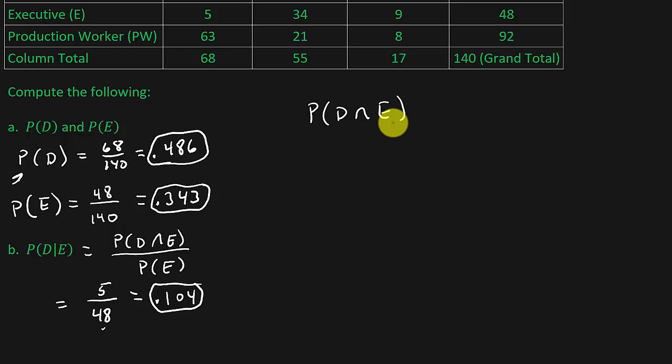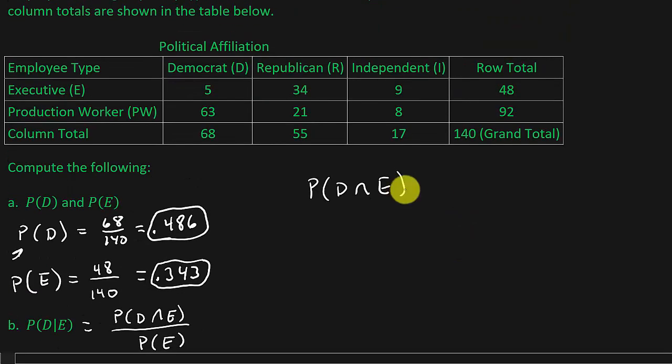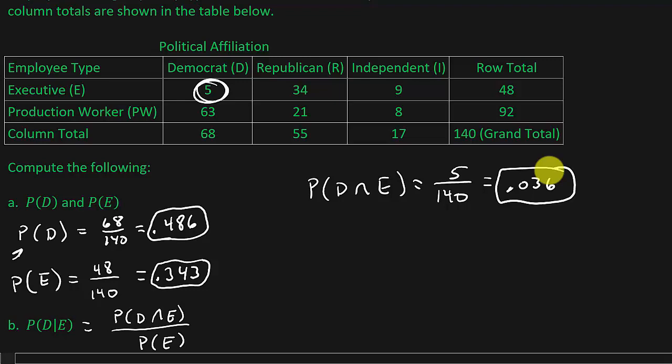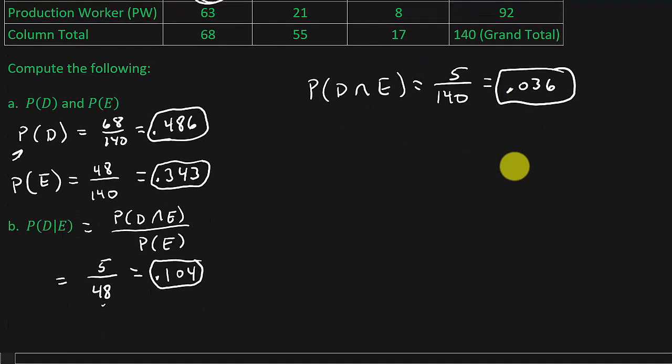What is that? That's the number of successful. How many Democrats are executives? That's the 5 there. So that's 5 over the total number possible, which is 140. And so that is 0.036. And there you have it.